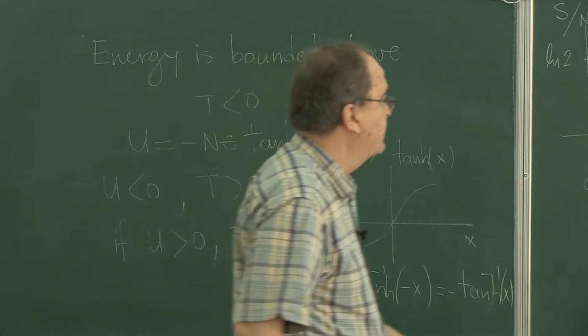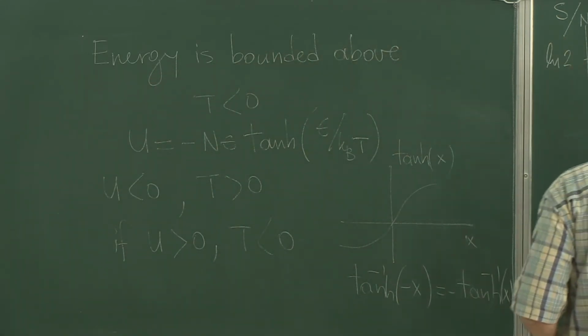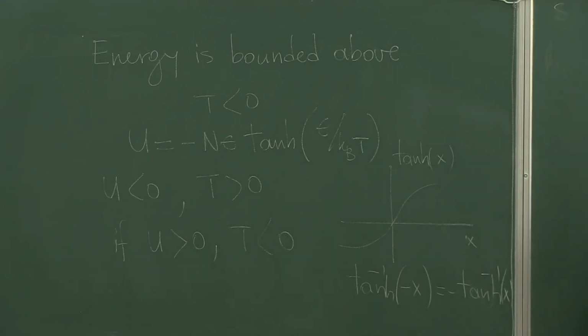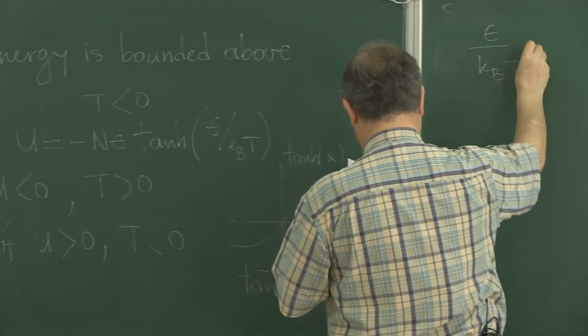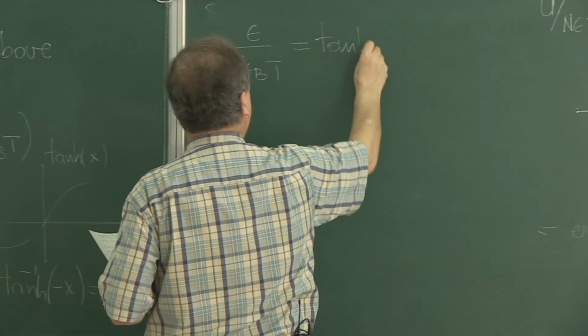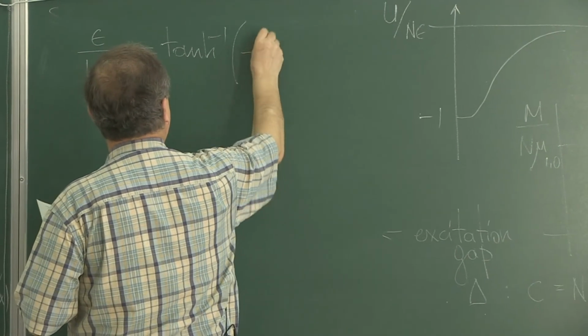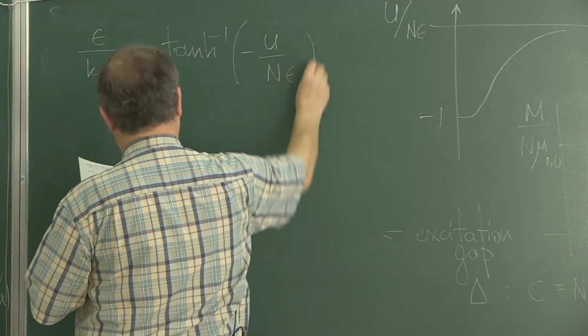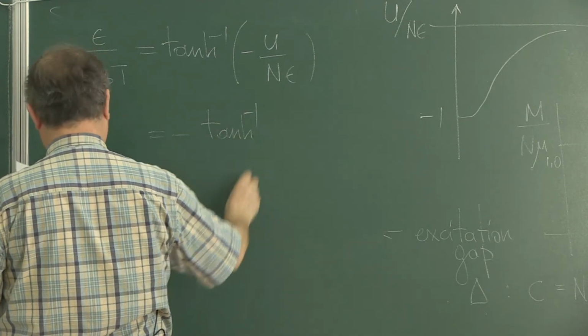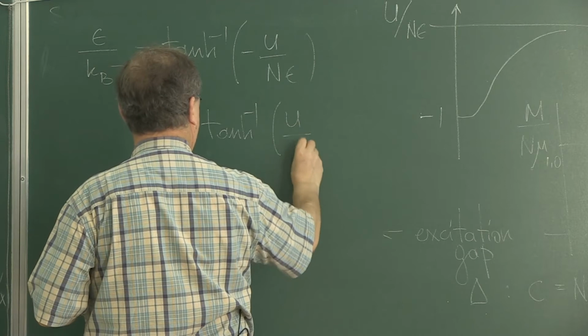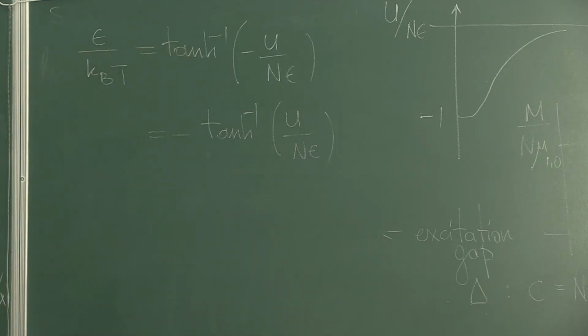Now, let's write the temperature explicitly. Inverting the function, inverse tangent hyperbolic of minus U over N E, or minus inverse tangent hyperbolic of U over N E. Now, that's the explicit possibility for negative temperatures.